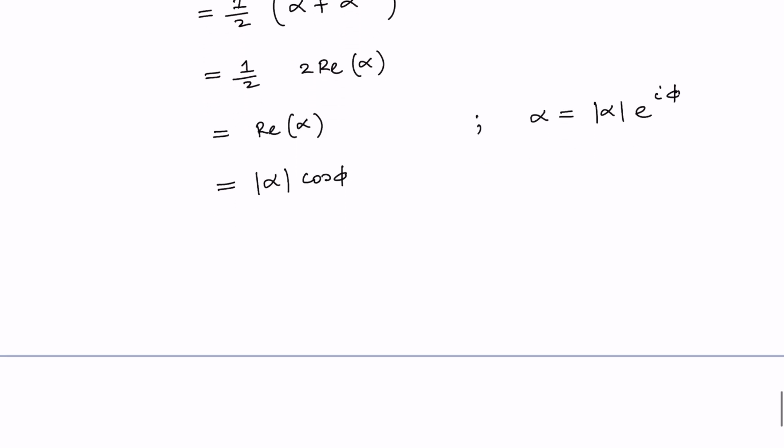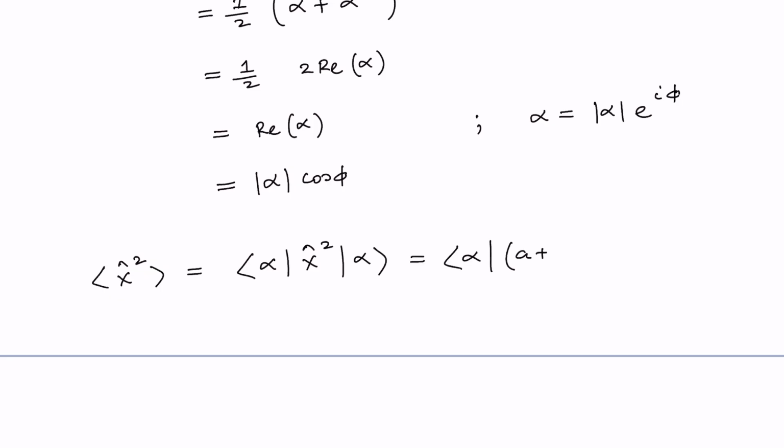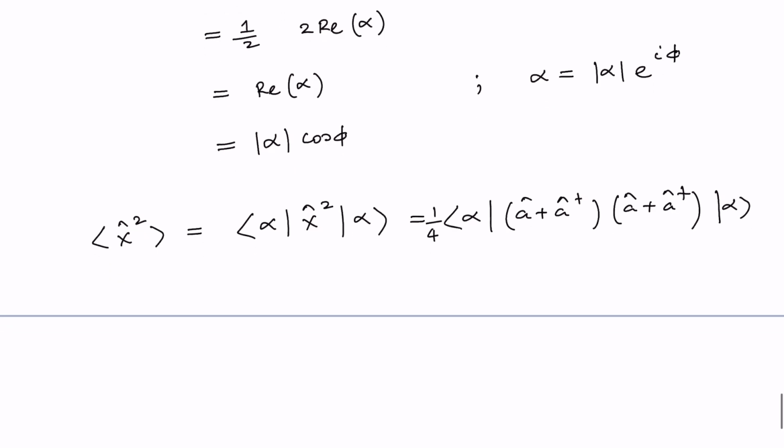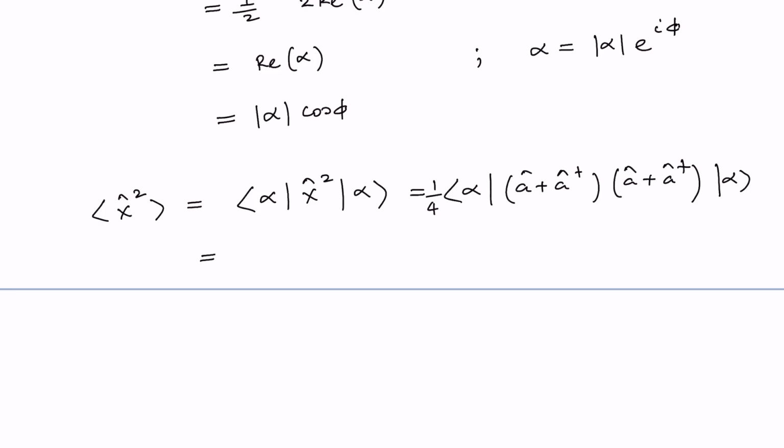Again, you can find the expectation value of x square in the coherent state, and that also you can calculate very easily. You just have to operate on the ket alpha by a plus a dagger twice, and therefore here you are going to have 1/4, and please do it yourself, and you should find mod alpha square cos square phi plus 1/4.